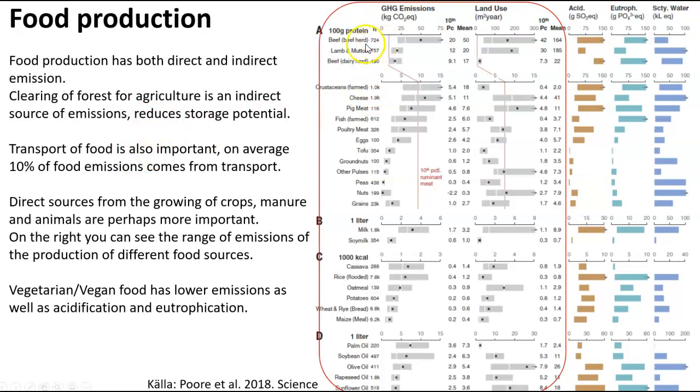But you also have, of course, emissions from the soil itself, and if you take animals into account, you have your beef herd, for example. The cows produce greenhouse gas emissions through their gastrointestinal systems.